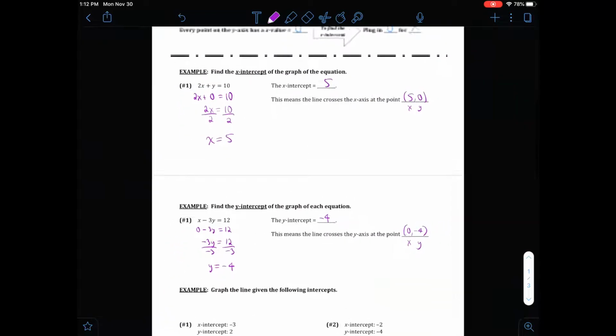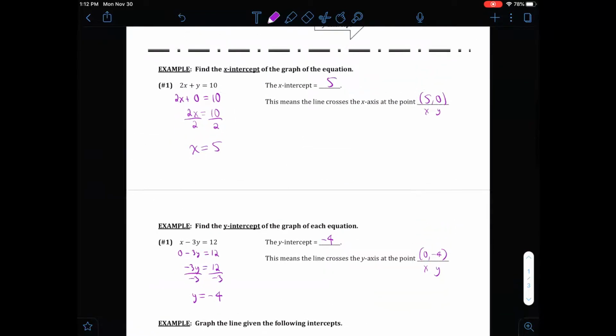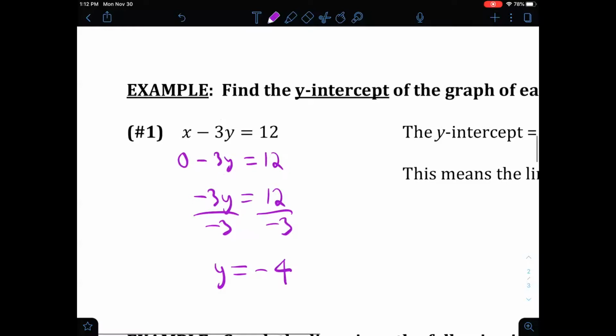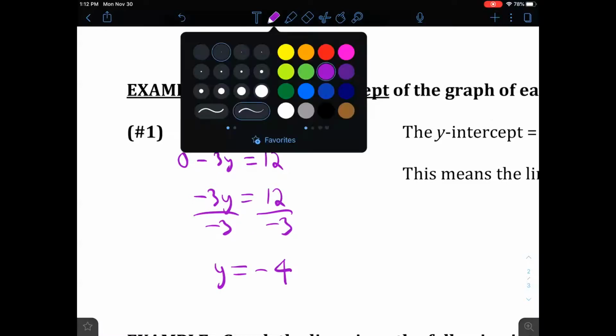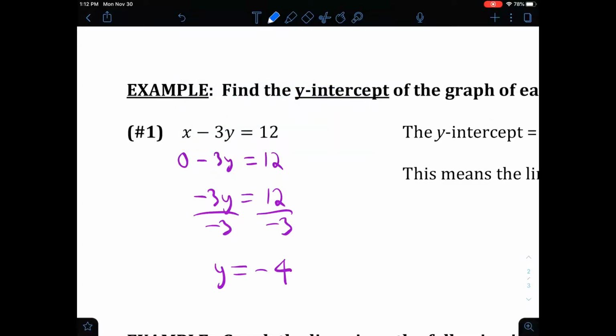All right, here's a shortcut. I want to show you something. For number 1, if I'm looking for the x-intercept, we plug in 0 for y, right? Do I need to multiply -3 times 0, or is that always going to be 0? It's always going to be 0. So if I'm looking for the x-intercept, I can literally just cover up the y and it's going to be gone, and I get x equals 12.